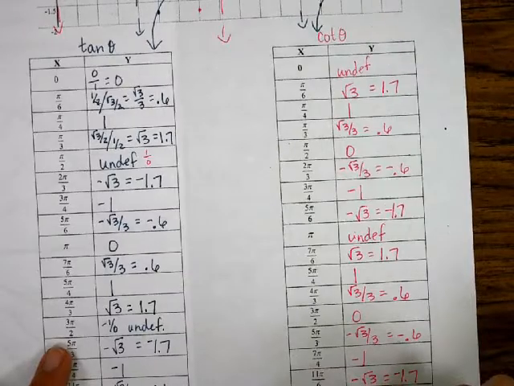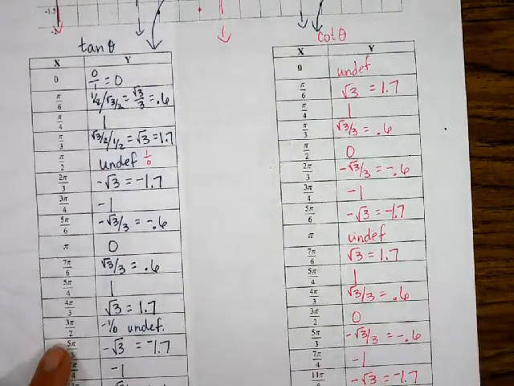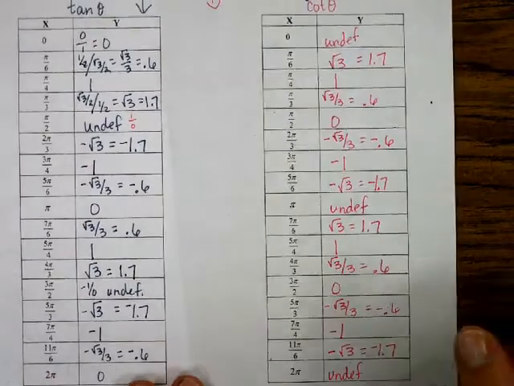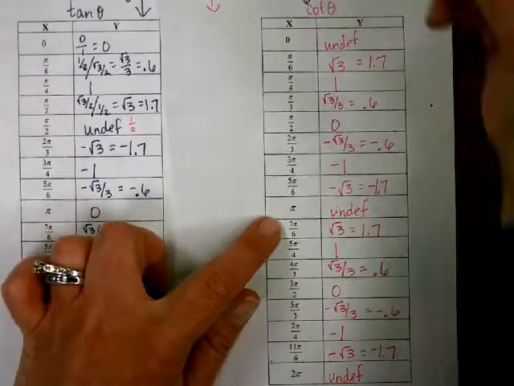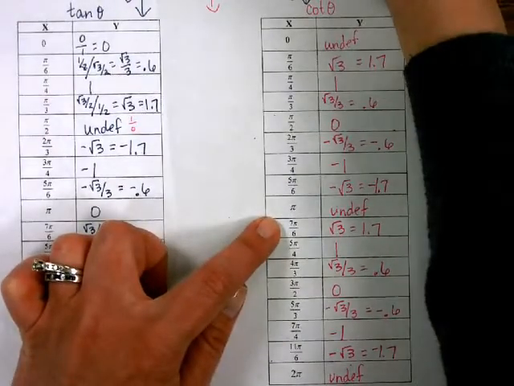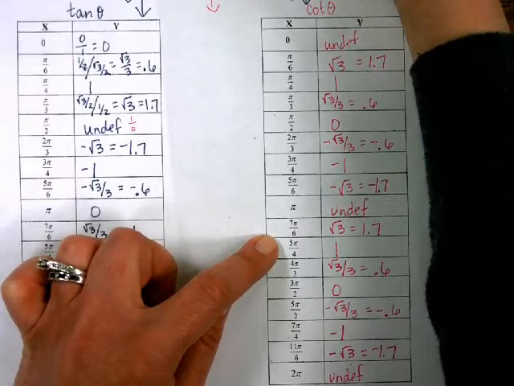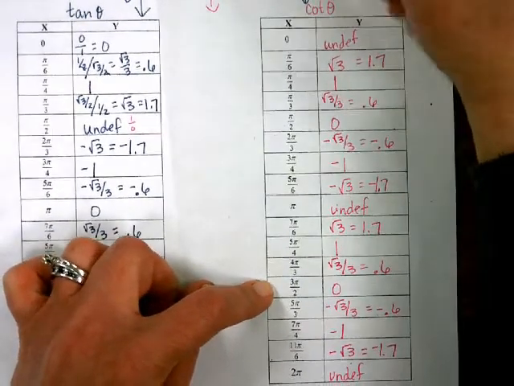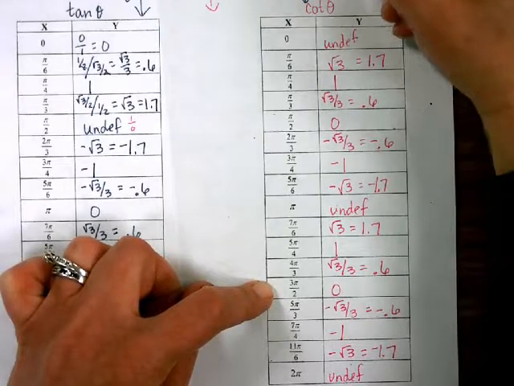Okay, so there's your chart. I'm going to go plot those last half points. So I would do up to pi. So I'm at 1.7, 1, 0.6, 0, negative 0.6, negative 1, negative 1.7.